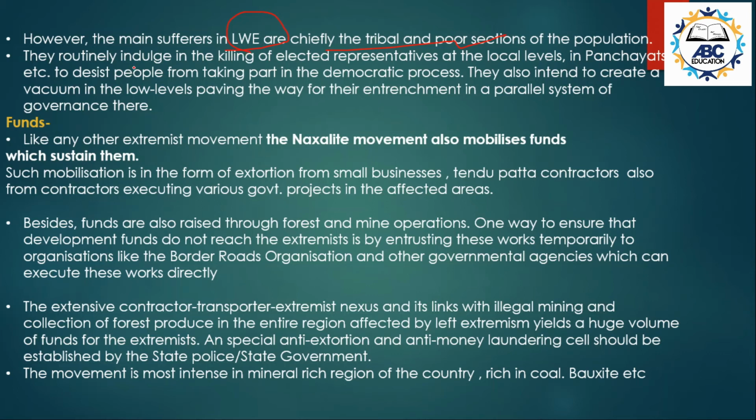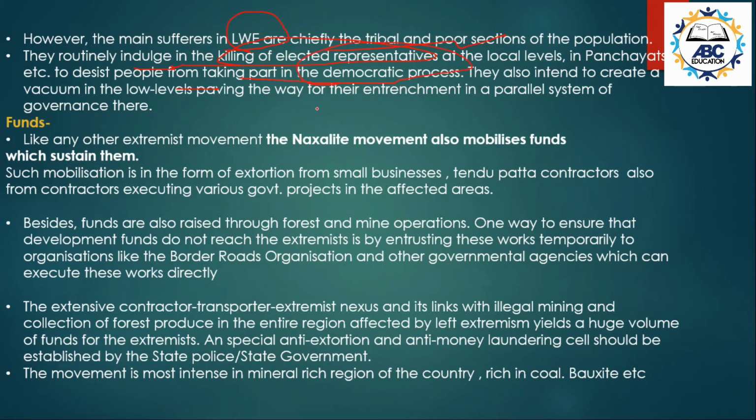Okay, then the other thing the Naxals do is they are also not letting the democratic way of life be set up there. What they are doing is they are killing the elected representatives, and they do not let election machinery or elections take place smoothly in these Naxal affected areas, as we have seen in the movie Newton also, how difficult it is to conduct elections or any such democratic process in a Naxal affected area, because the Naxals won't allow the democratic system of governance to take place in that area.